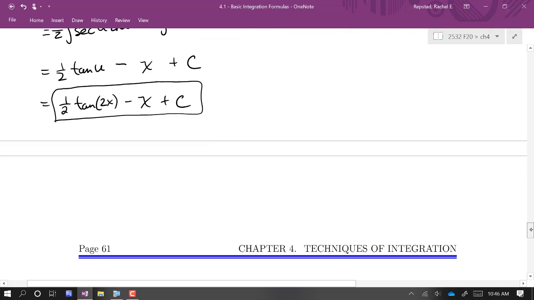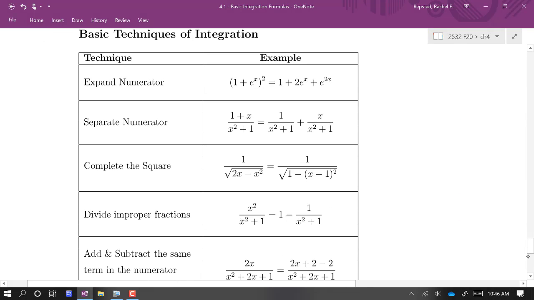On the next page, we just have a listing of different techniques we might try. Sometimes there's some algebra you could do, just expand something out, multiply it out and see what happens. Sometimes separating out a fraction by addition happening in the numerator can help. Completing the square, we've already seen how that can be helpful in section 2.3 and help us recognize one of those inverse trig forms.